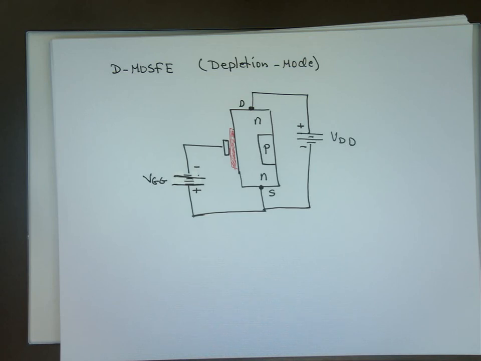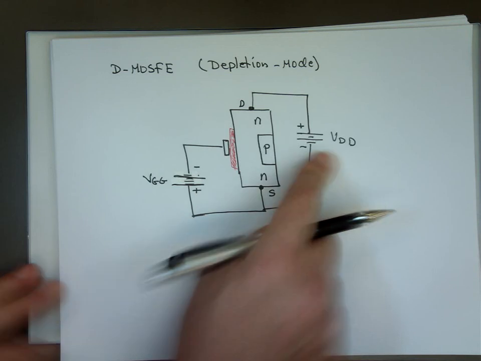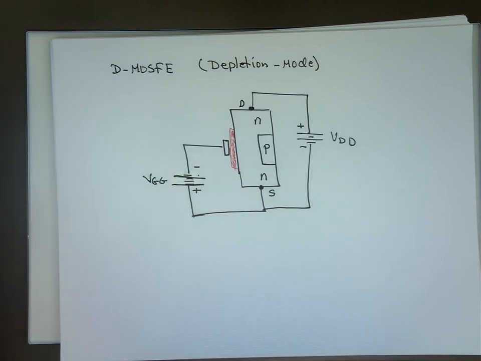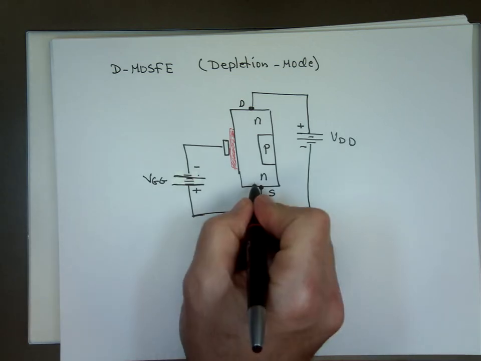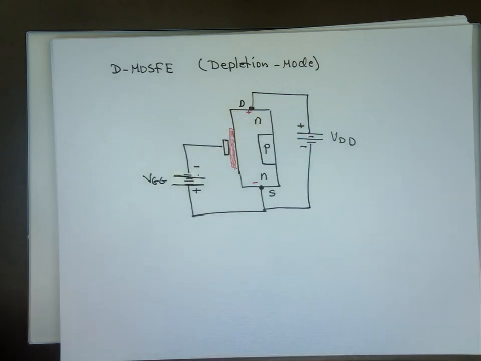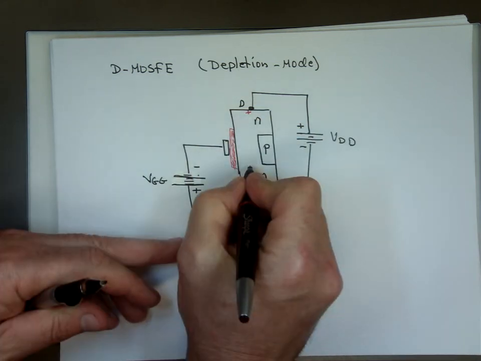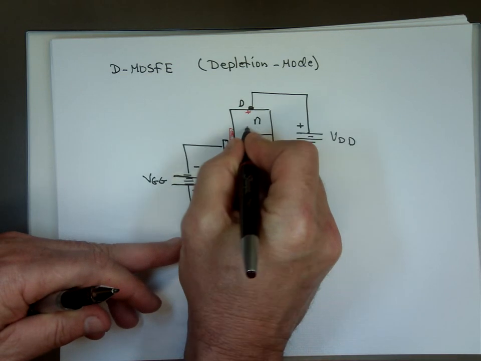Now, what this voltage, VDD, is going to do is force free electrons. Remember, this is going to be negative here and this is going to be positive. Electrons have what charge? Negative. They don't want to be next to this one. It is going to force these electrons to go up there.